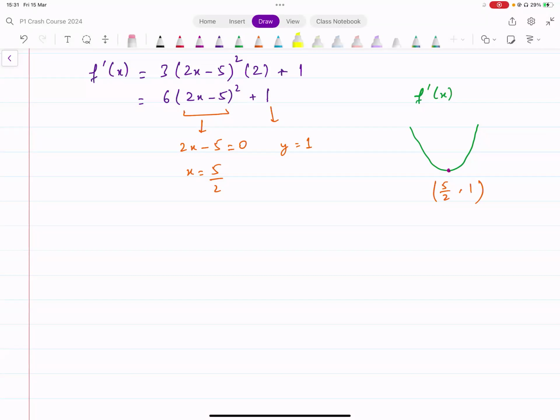That means the minimum value that this derivative can have is basically 1. So we can say the minimum value of f prime of x is equal to 1. If the minimum value is equal to 1, that means f prime of x is always greater than 0, which means it's an increasing function.